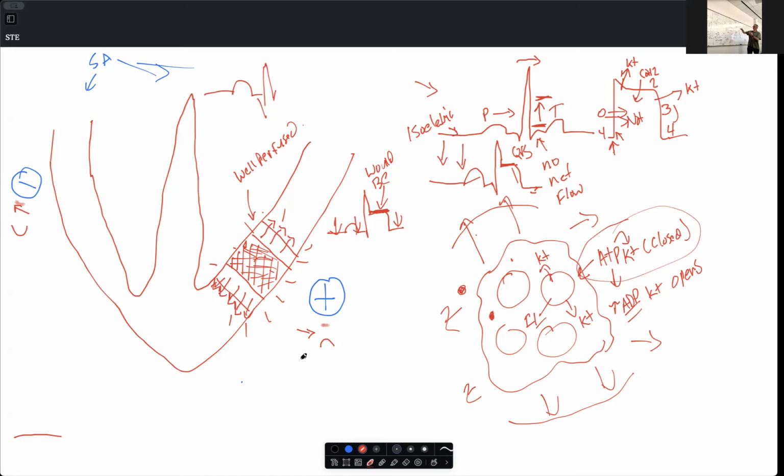So they'd occlude a coronary artery in the dogs, and they would look at dogs that had normally functioning ATP channels, and they would have the classic ST elevation. And then the dogs that had been treated with this chemical that blocked the ATP potassium channel had far less ST elevation. So this explanation does seem to be necessary, but it's certainly insufficient.